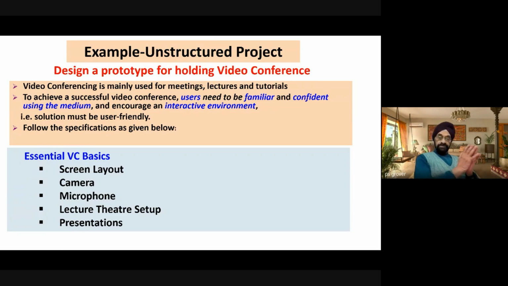So this is an example of a project where the student has to become familiar. Let us say you give it to three or four students. Each of the students has to become familiar with these. Once he becomes familiar, his learning will be much wider and much deeper, because he has to explore these things.